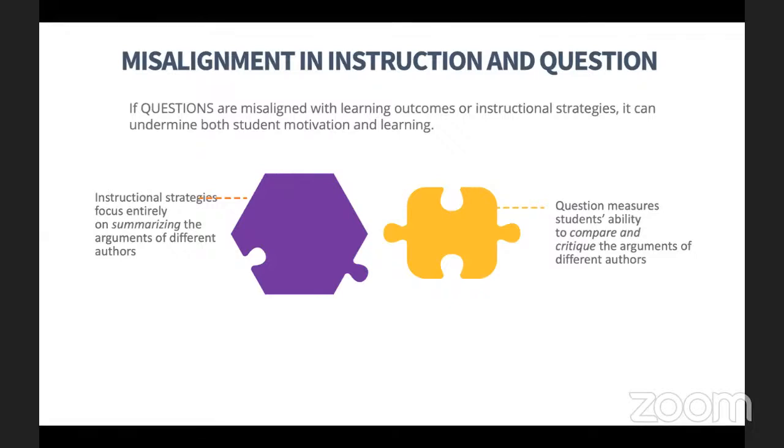But the question is actually at a higher level, compare and critique, which is an analysis level question. Critiquing is kind of an evaluate level question. And what is actually taught in the classroom is summarization, so maybe apply level. The instructions are being planned, but the exam is really tough.